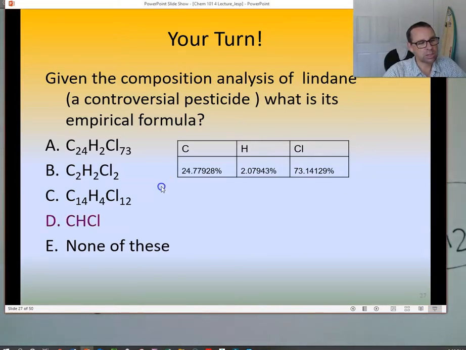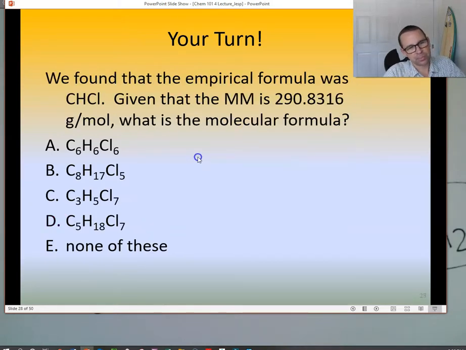So the answer is D, CHCl. We used these percentages as masses and converted those masses to moles, and then we find the simplest whole number ratio of those moles for carbon, hydrogen, and chlorine, and that's how we get our empirical formula.